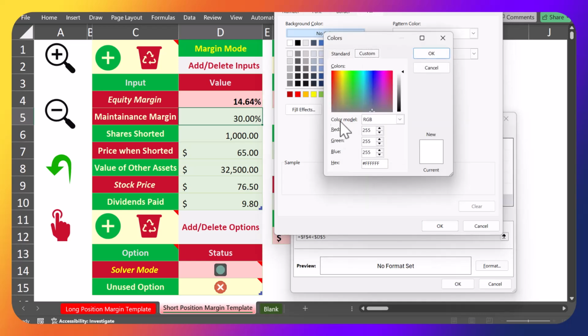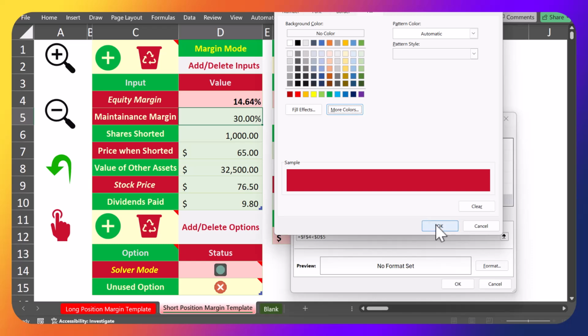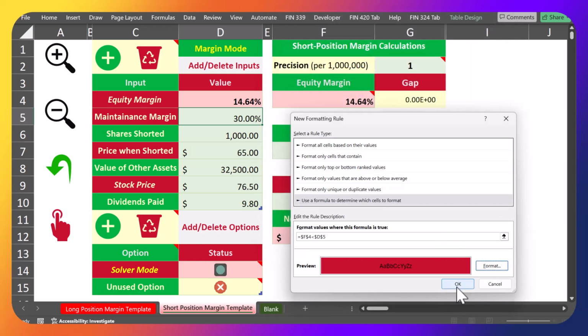For colors, I'm going to add in a custom color here. This has nothing to do with finance. I'm just doing it.